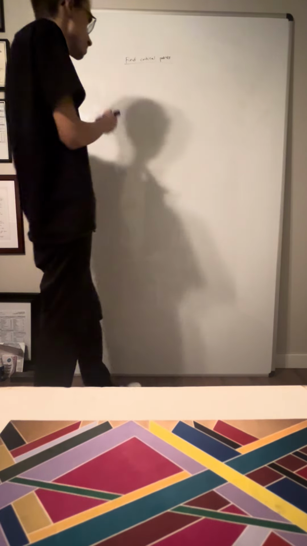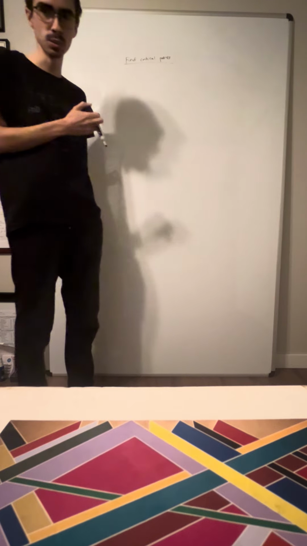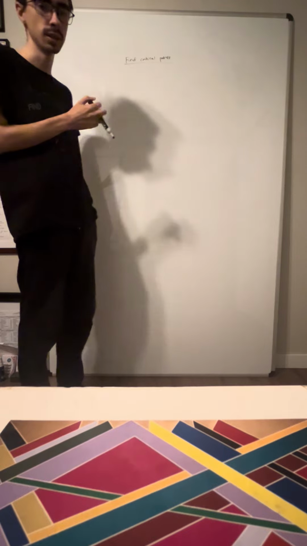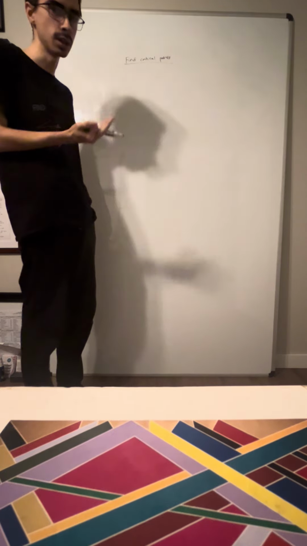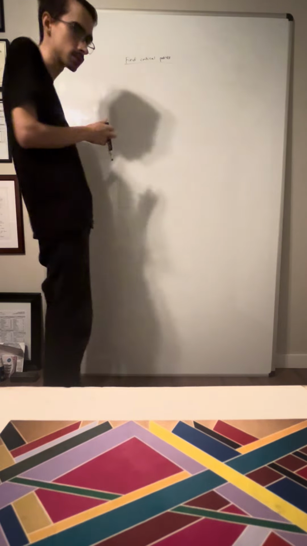Well, that's exactly what finding critical points is going to allow us to do, except we're looking at it from the point of view of now bringing derivatives into the conversation.